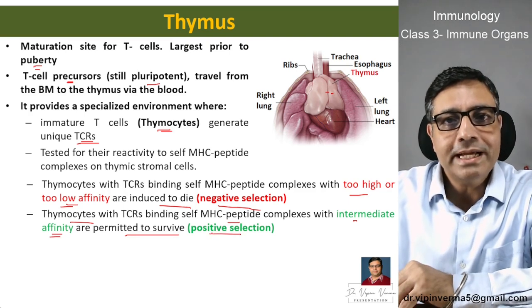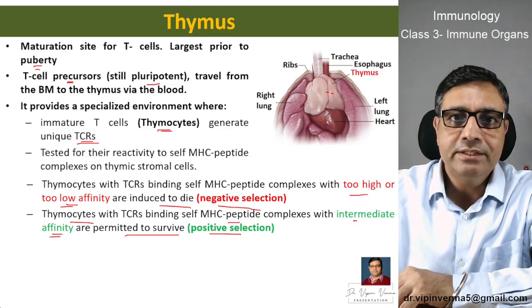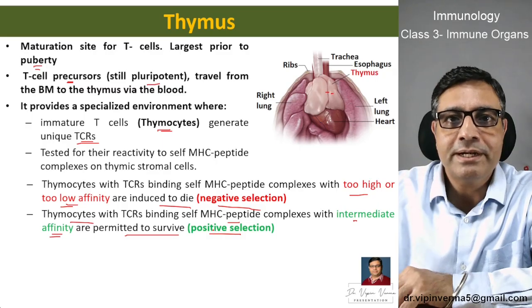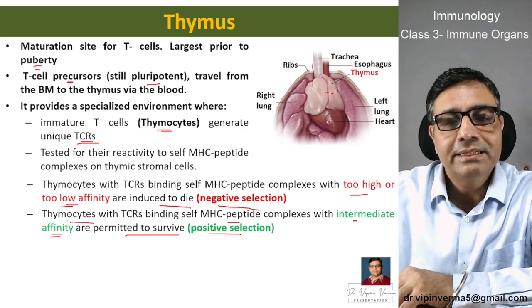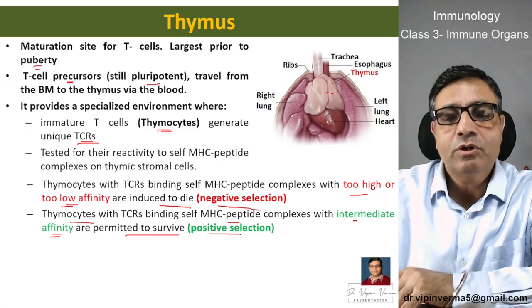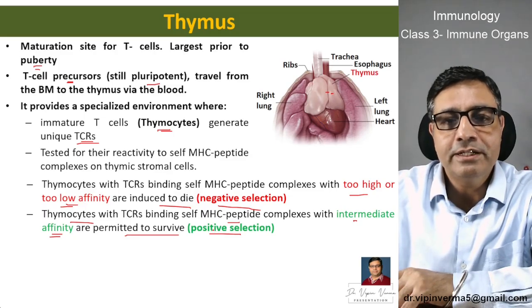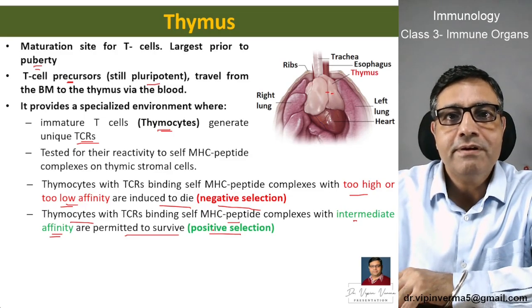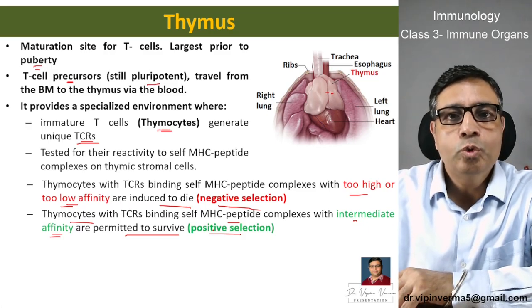Okay, so only thymocytes which have intermediate affinity towards the self MHC peptide complexes are allowed to live, whereas the T cells which have very low or very high affinity towards the self MHC peptide complexes are allowed to die.